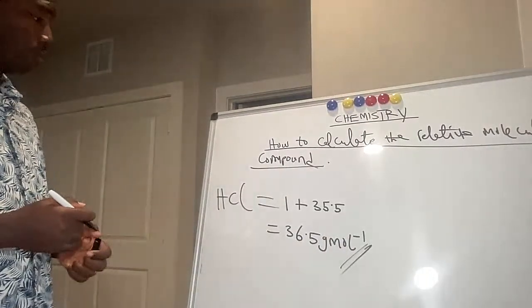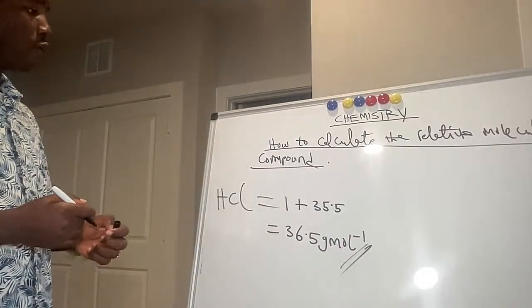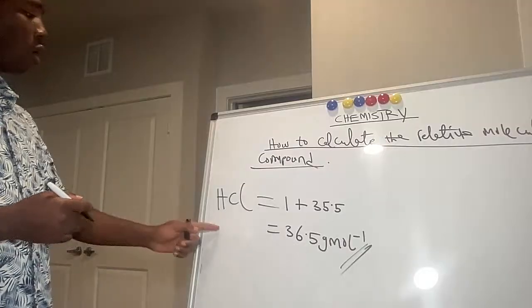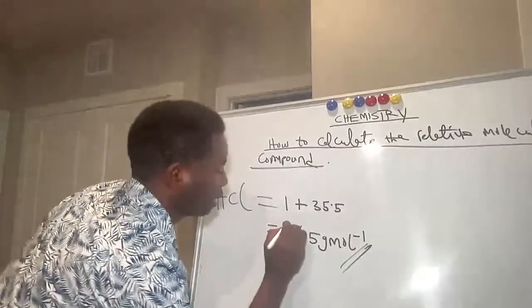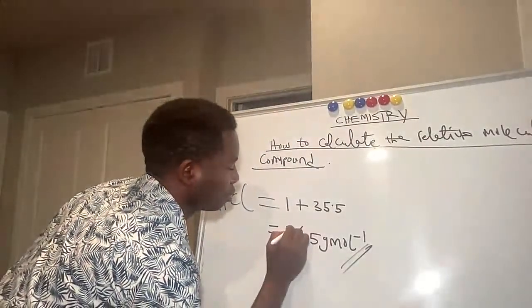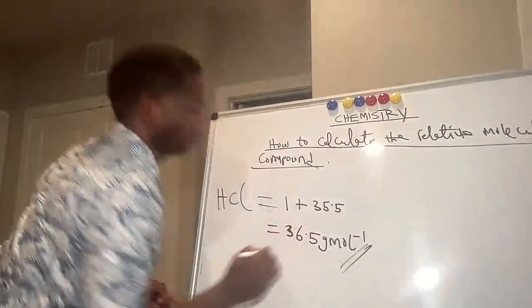So for 1 mole of hydrogen chloride, we have 36.5.